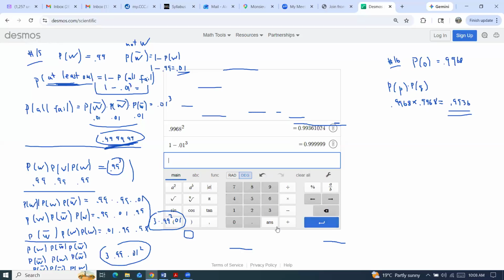So let's try 0.99. I want to cube and then add it. You see how much work we need to do if we calculate it from the direct approach. And that's definitely a little bit too much and easy to get mixed up.